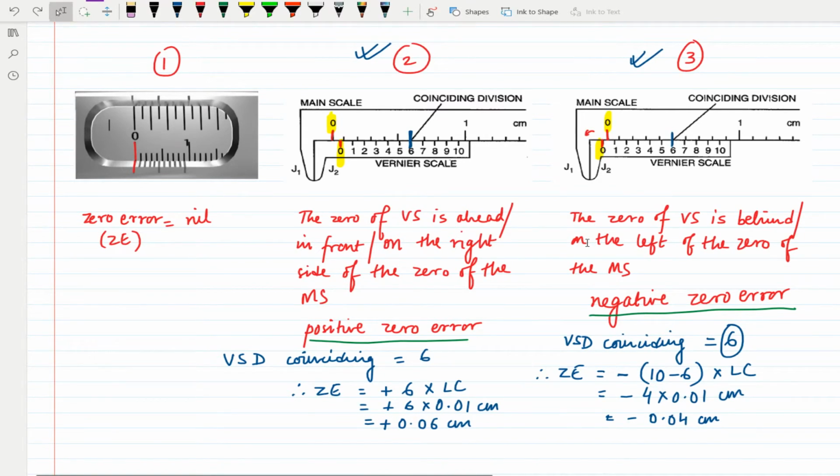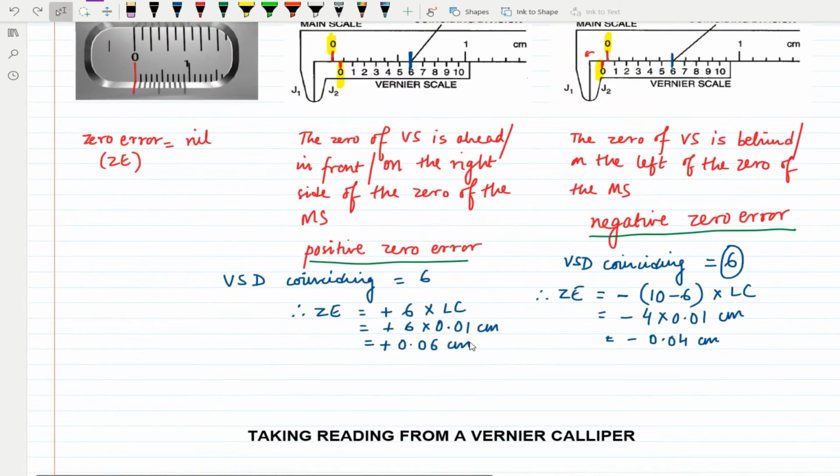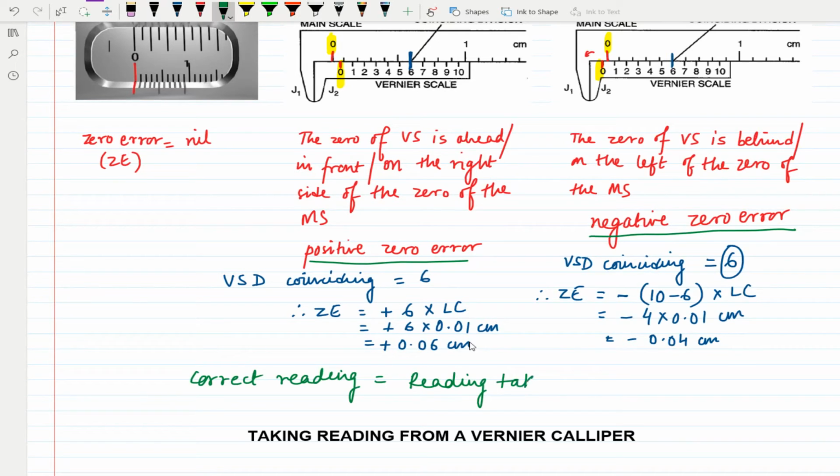Now this was all about zero error. Now what we need to do is, after we take the reading from the vernier scale, which we will see now how to take, in the end when you are done taking the reading from the vernier scale, you will always subtract the zero error. So you can say that the correct reading will always be the reading taken from the vernier caliper minus zero error.